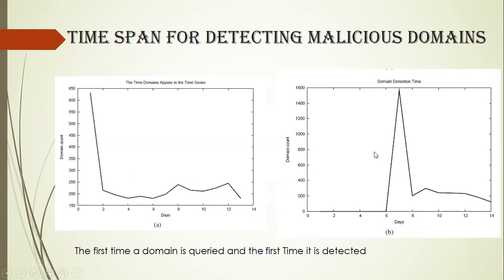After they collected the data from those domains, the time taken is very little, I guess. But between days 6 to 8, they detected up to 1600 domains. This is the first time a domain is queried and it is detected.